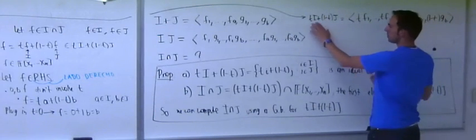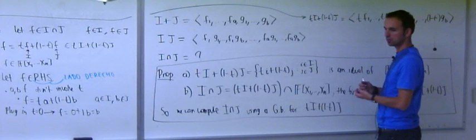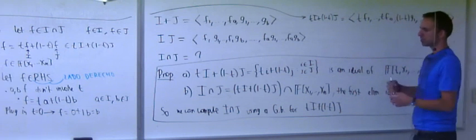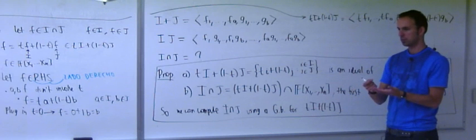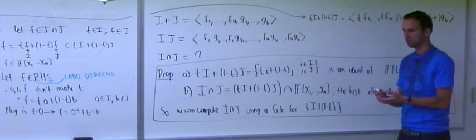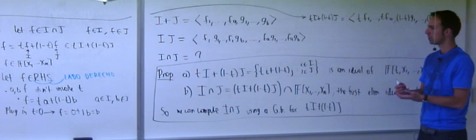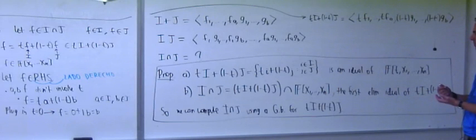T_i is an ideal because if you take something in T_i and you multiply it by something in the ring, then what if you multiply it by t? Then you get t squared I. I mean, I doesn't involve t, so there is no t.